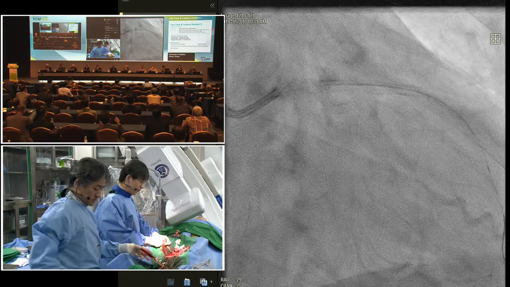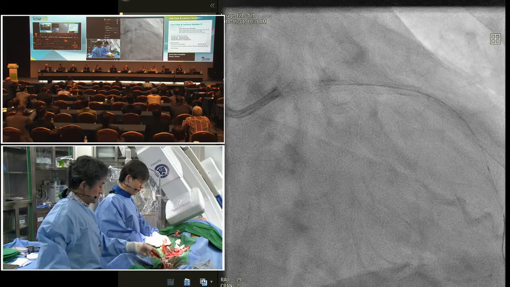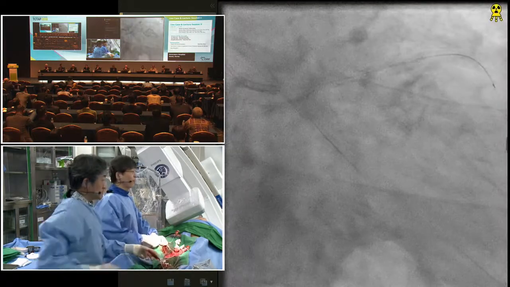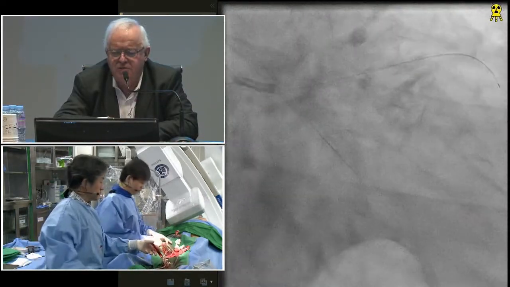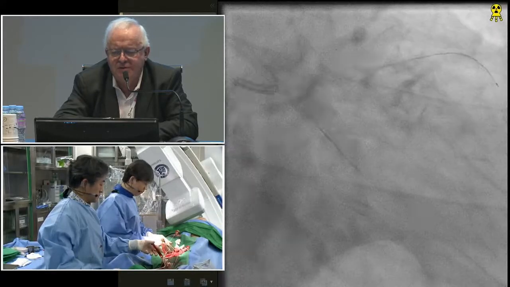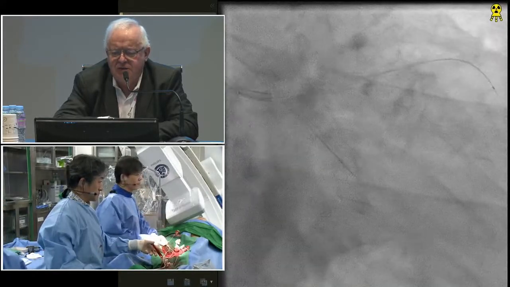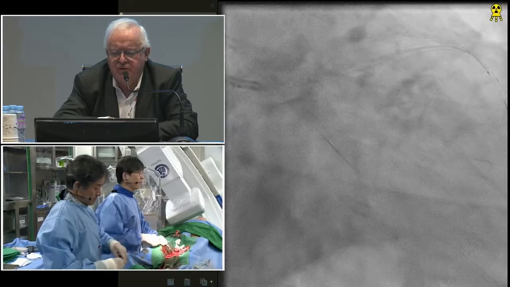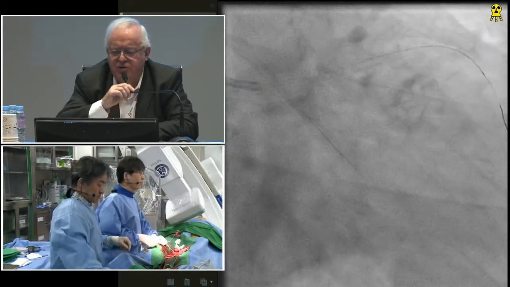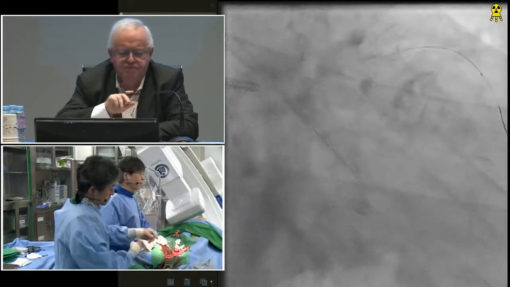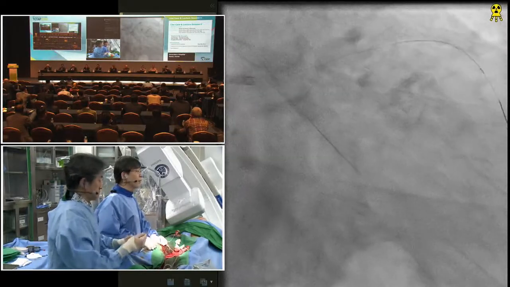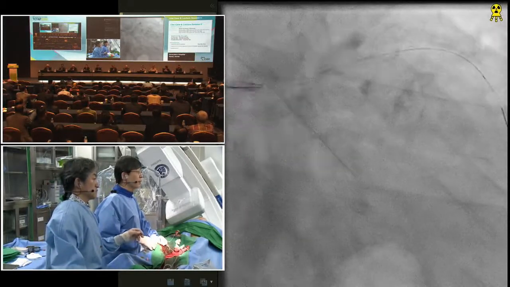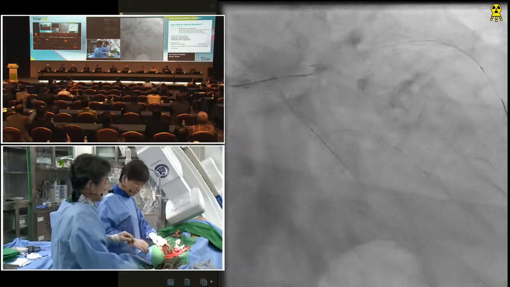What we have now, I know that this is not the end of the procedure, but you have a bifurcation which is really curious because there is only one single diameter, 3.5, for the 3 segments. And this is very far from what we can call a functional anatomy of a bifurcation. You are right. But okay, let's try.